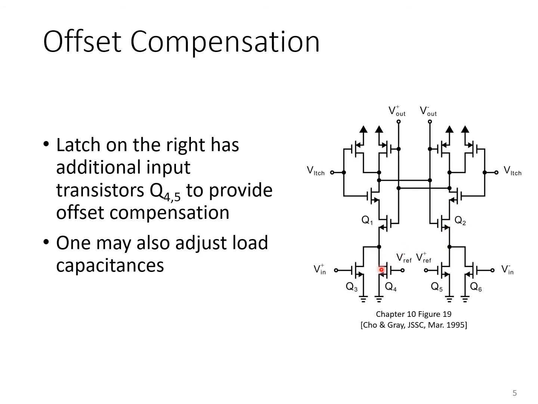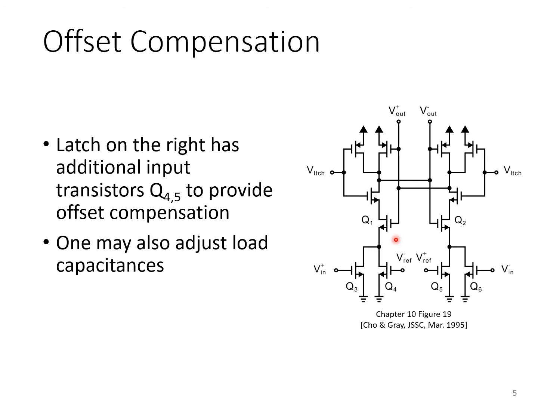So the advantage imparted by Vref here can be used to cancel out any inherent offset in the latch itself due to systematic or random variations. So this is one common way that offset compensation can be performed: to provide an additional transistor pair with a voltage that can be adjusted to trim the offset and try to make it closer to 0.